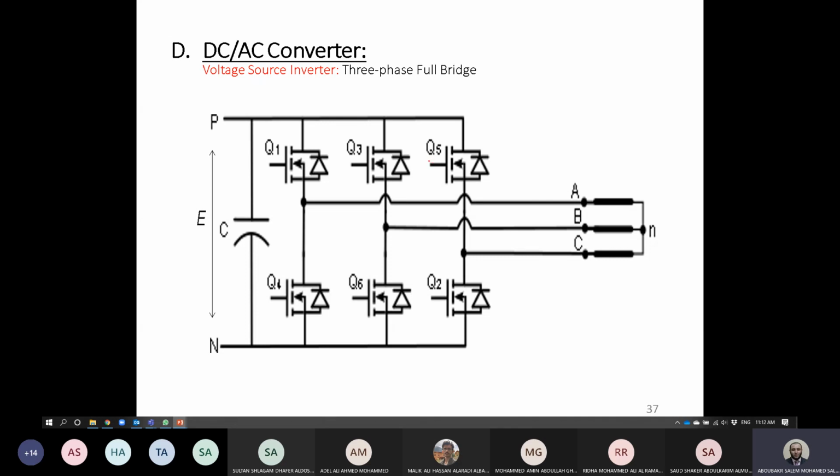And also we discussed that we have another technique called sinusoidal pulse width modulation. In sinusoidal pulse width modulation, we will have higher resolution output with lower harmonics, and we prefer to use PWM for that. So in order to understand the operation of this circuit, let's firstly start with square wave, and after that we will switch to pulse width modulation.